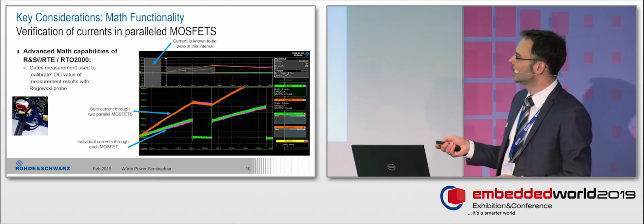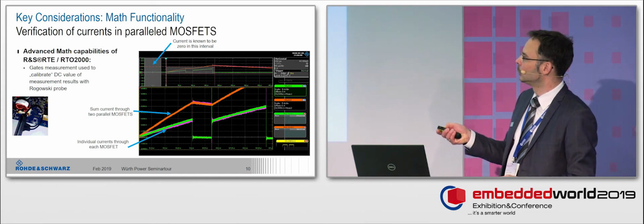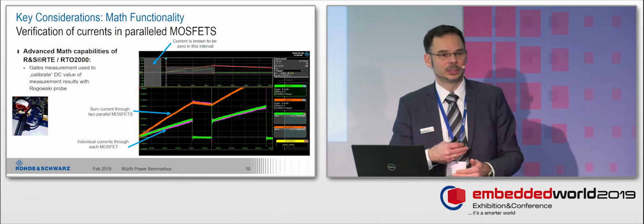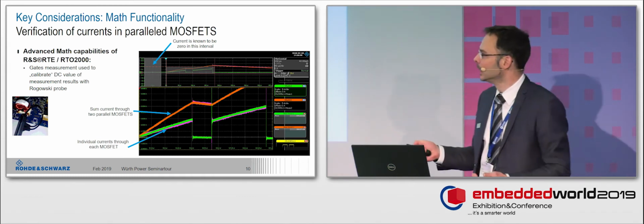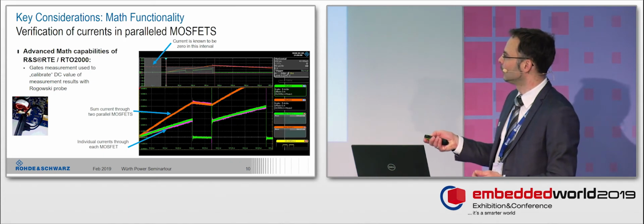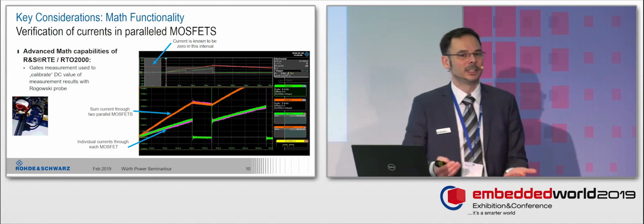And then, because I was able to access one individual current and one sum current, I used the other math function to subtract the currents, and that allowed me to get stable measurements with the two individual currents and to make this verification.